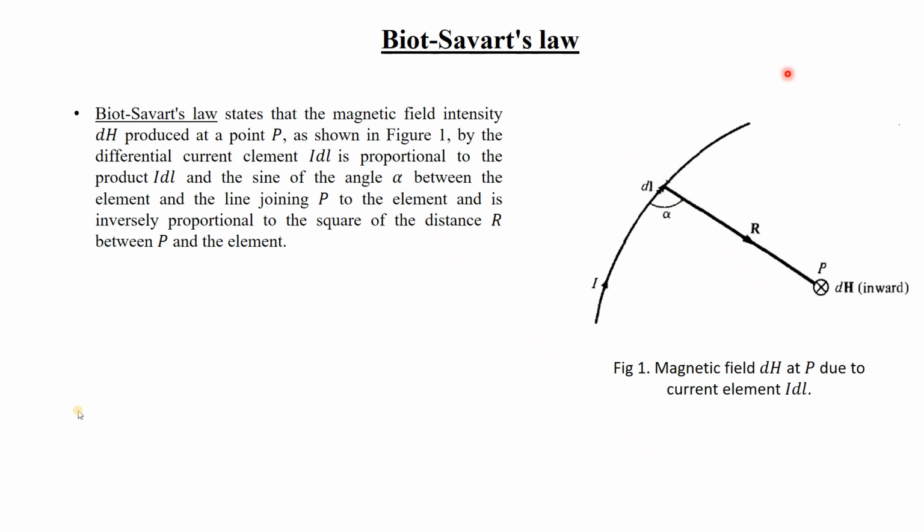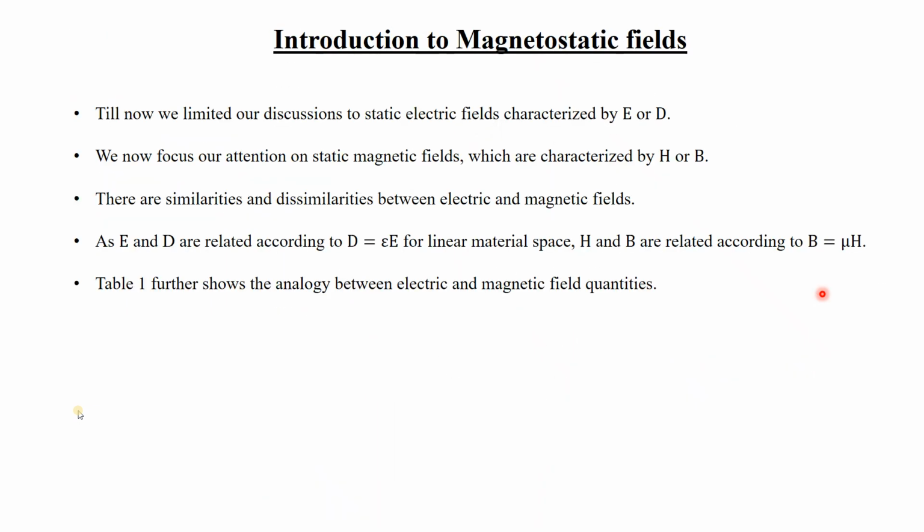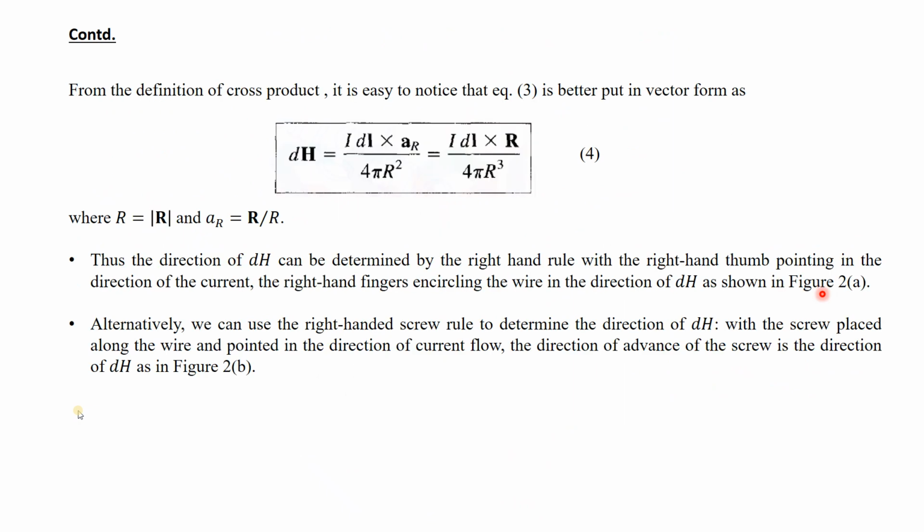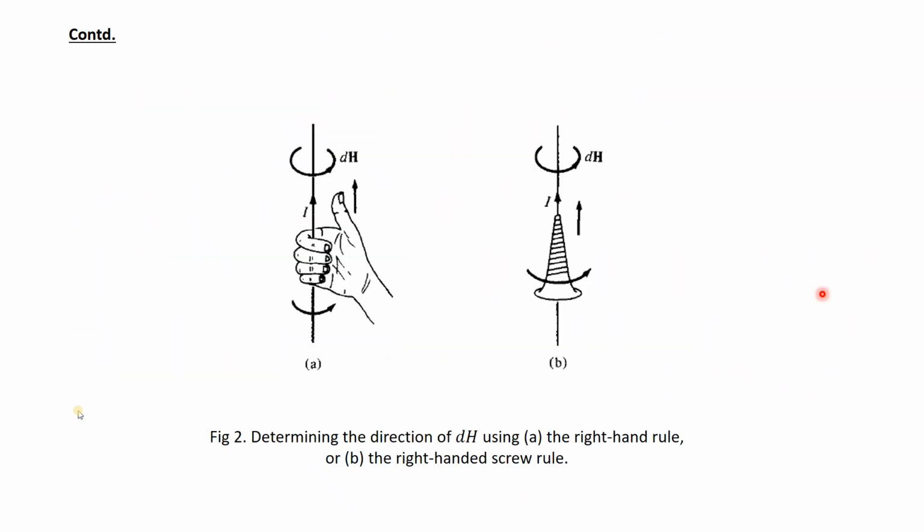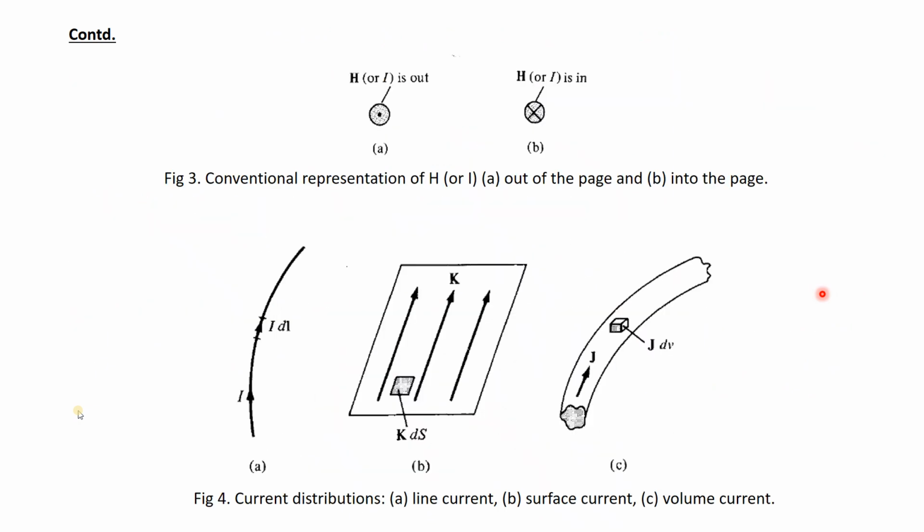Here also the magnetic field will be created by the current carrying conductor, and some magnetic field intensity is pointed out over here, which is dH. We have already derived this equation in the last class.